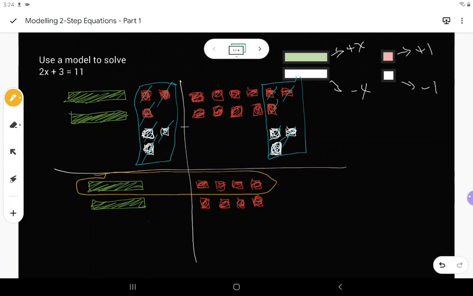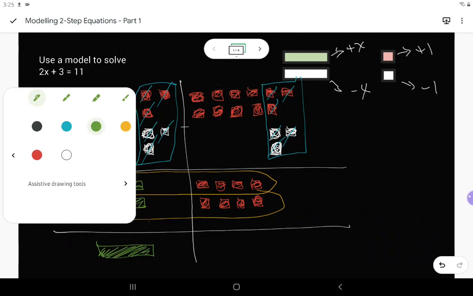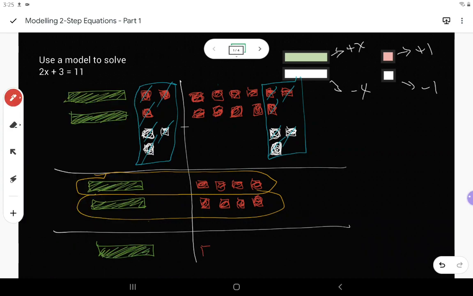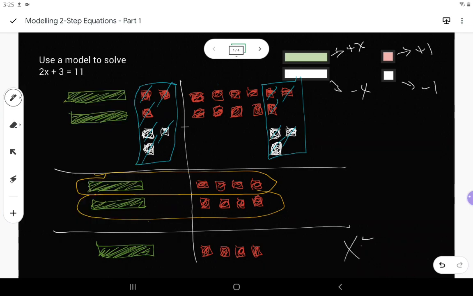One grouping has an x and 4 ones, and the second grouping also has an x and 4 ones. So each group has a single x as well as 4 ones. And that gives me the nice solution of x is equal to positive 4. And there we go, that's using our model.